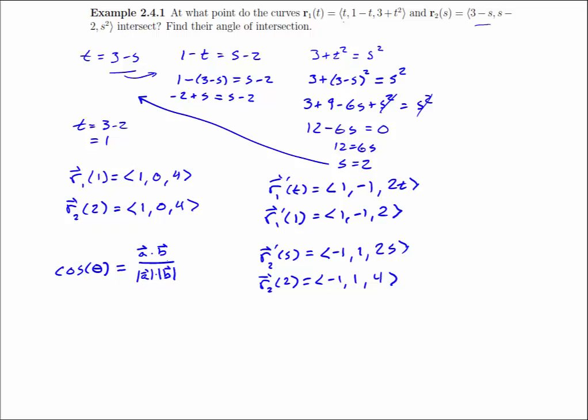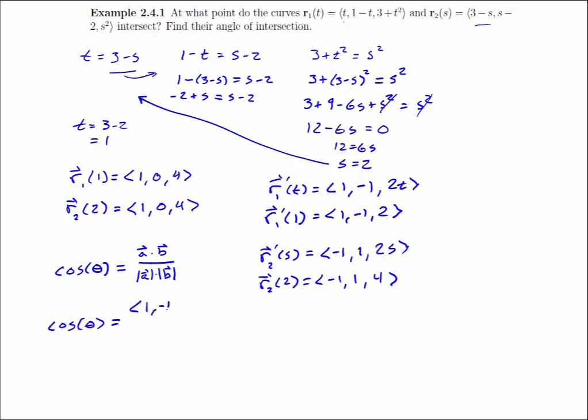So if you go back and review from chapter 9, we have this formula for dot products of vectors. And I can now use this where the vectors a and b are now the 1, -1, 2 and the -1, 1, 4.